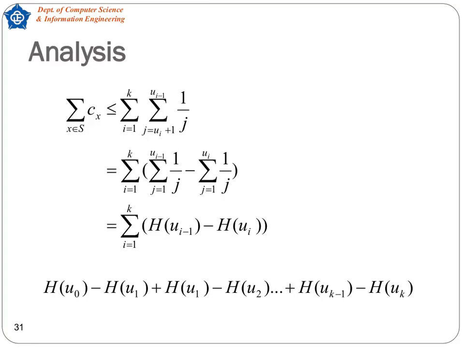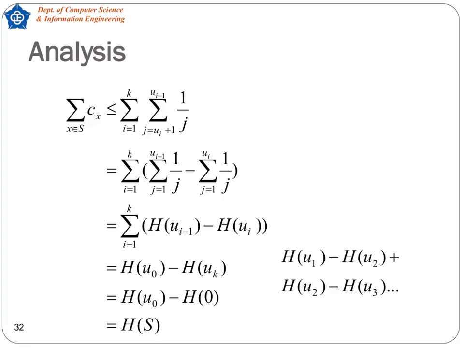Pulling that out gives us the sum from i equals 1 to k of H of u_{i-1} minus H of u_i. If we expand those terms, H of u_0 minus H of u_1 plus H of u_1 minus H of u_2, and so on up to H of u_{k-1} minus H of u_k. Everything neatly telescopes, leaving just H of u_0 minus H of u_k. And that's exactly the bound we were aiming for.